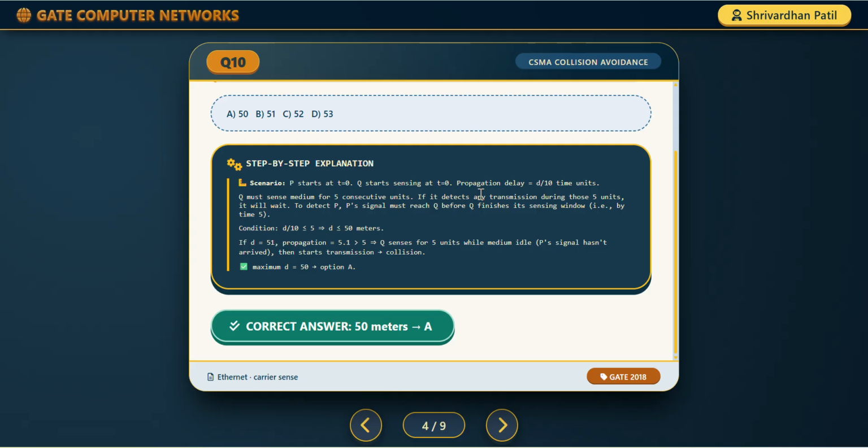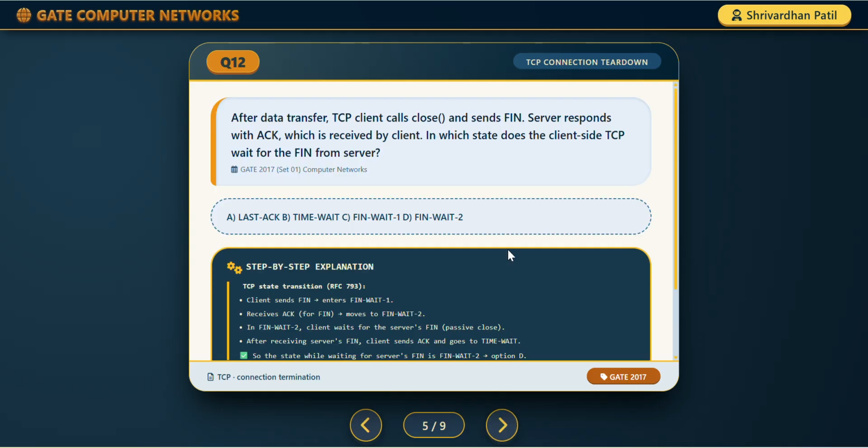Considering the sensing time is 5 units and signal speed is around 10 meters per unit, the complete distance would be 5 into 10, which is 50 meters. So the propagation delay must be less than the sensing time, which would be option A.